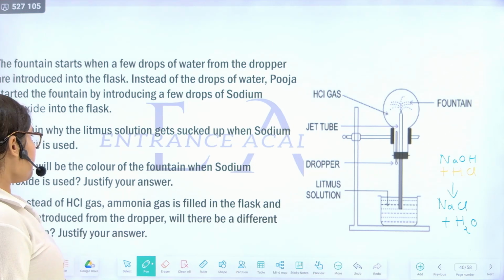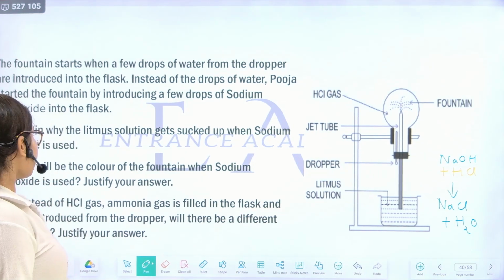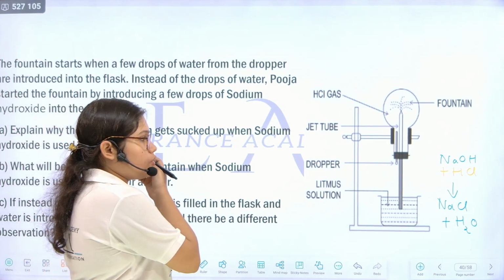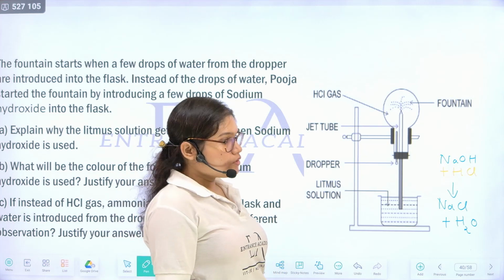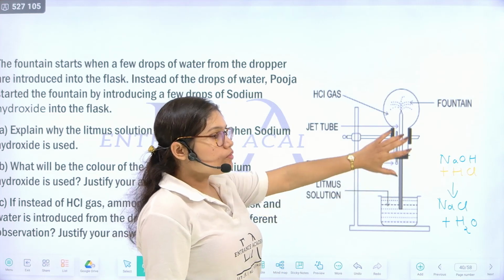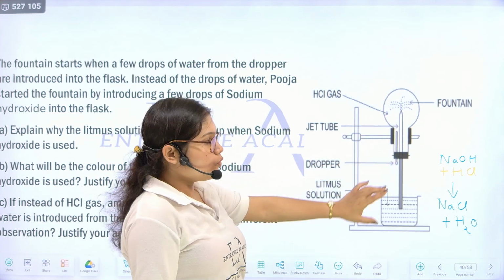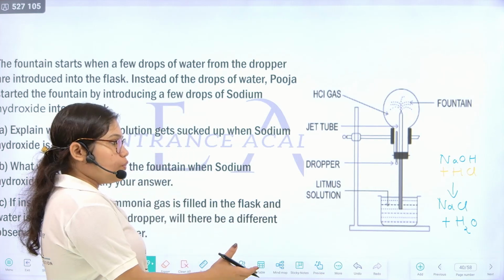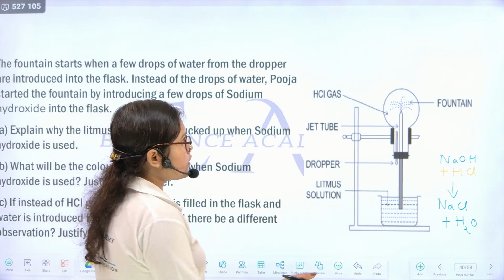Second question: what will be the color of the fountain when sodium hydroxide is used? Justify your answer. If sodium hydroxide is used, there is no change in color. Blue color is there. If blue litmus solution is present, then the color is blue. That's because of the neutralization reaction.